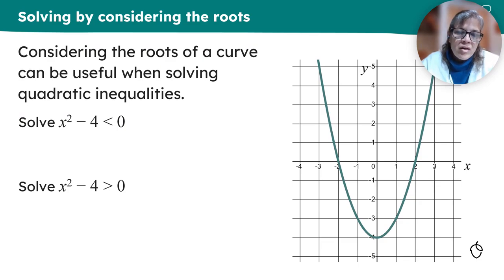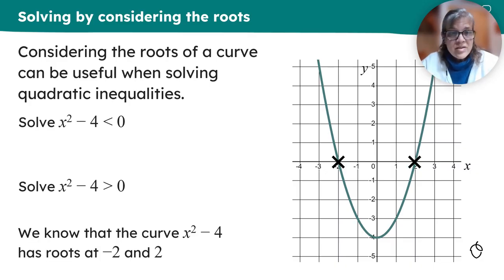When you're graphing things, you might say, hey, I don't want to graph everything. So how can I solve this? Or how can I figure out the roots of the curve? Can they help me if I can solve it that way? And the answer is yes. So if I have x squared minus 4, I know that the roots of that curve are +2 or -2 because I know how to factorize it.